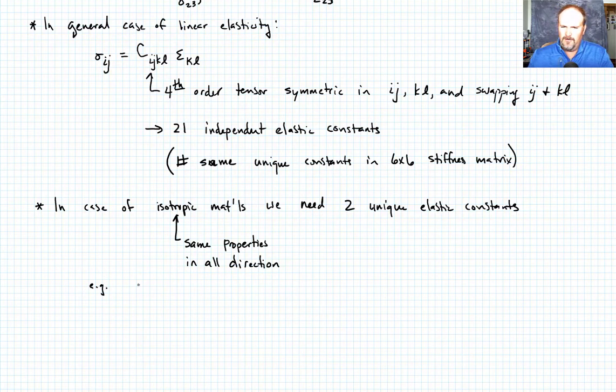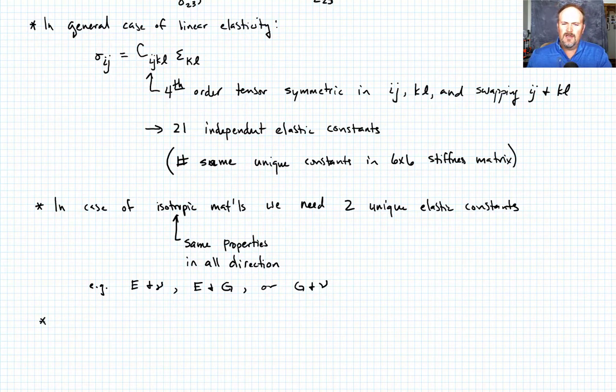For example, E and nu would be a set of constants, or E and G, the shear modulus, or G and nu. There are actually more constants that we could use, and we're going to show you those in a second. But you maybe remember the bulk modulus would be another example from maybe a fluids course.